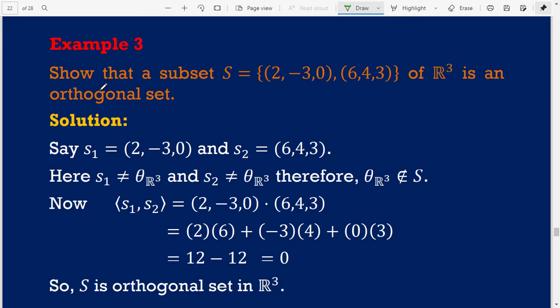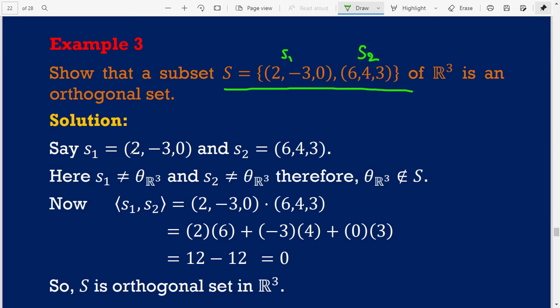Example. Show that a subset S equal to {(2, -3, 0), (6, 4, 3)} of R3 is an orthogonal set. Solution. We say S1 is equal to this and S2 is equal to this.